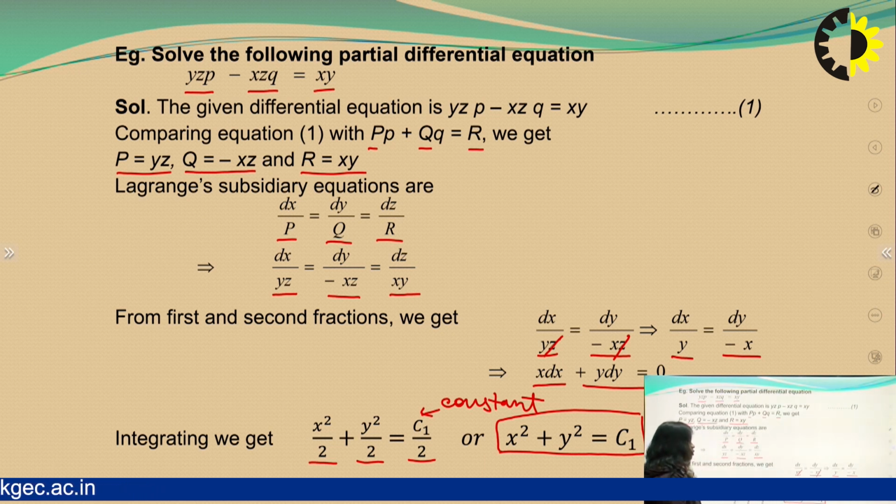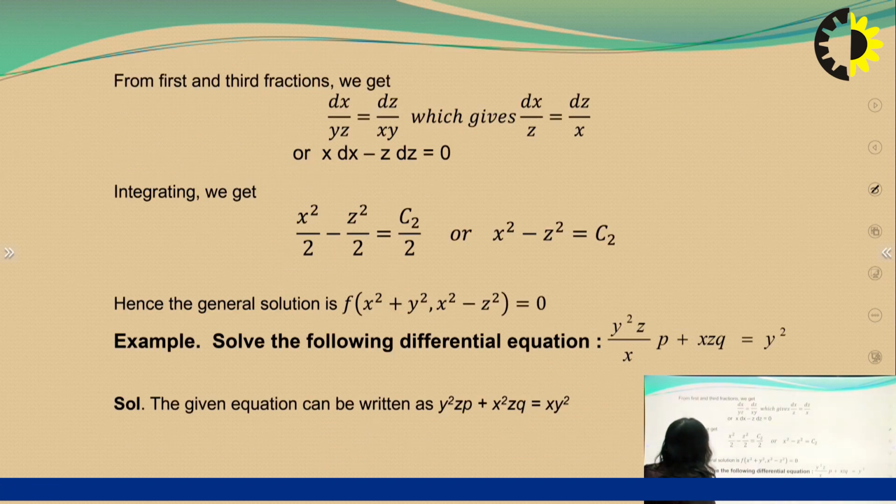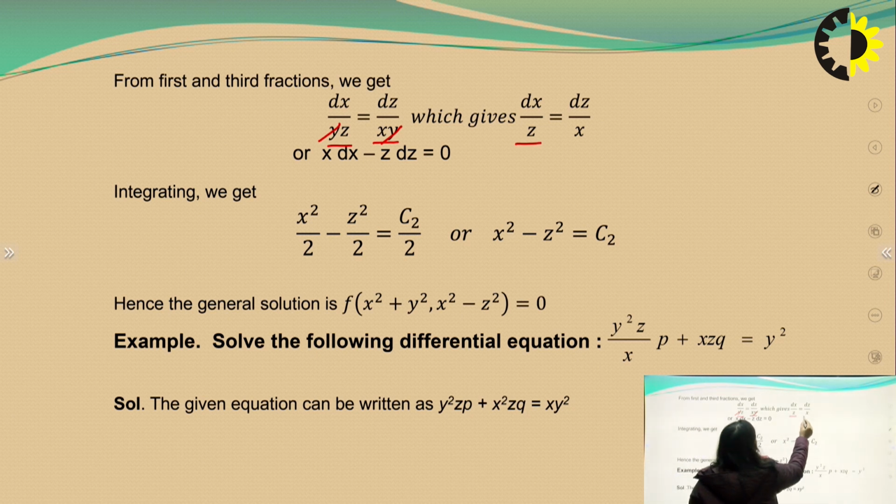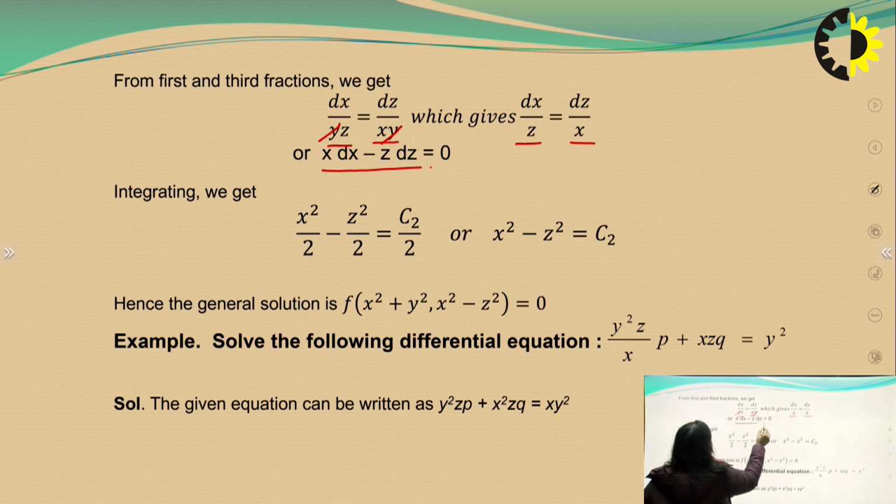Now we require one more solution, as we have discussed in the working process. So let us consider the first and the third fractions. When we consider the first and the third fractions, we have dx upon yz equal to dz upon xy. Now this y cancels on both sides. So this gives me dx upon z equal to dz upon x, which provides me with the equation x dx minus z dz equal to 0.